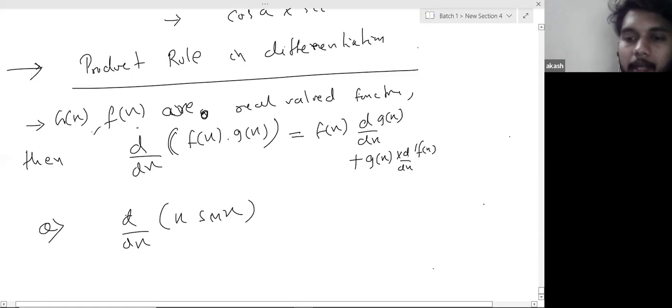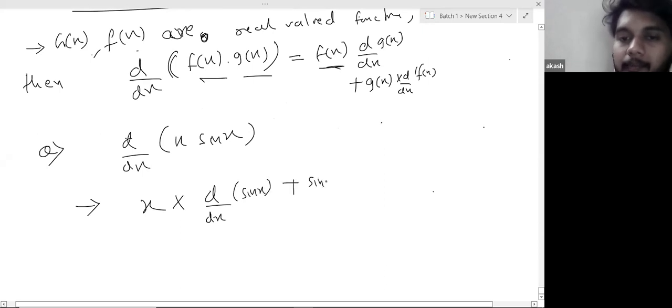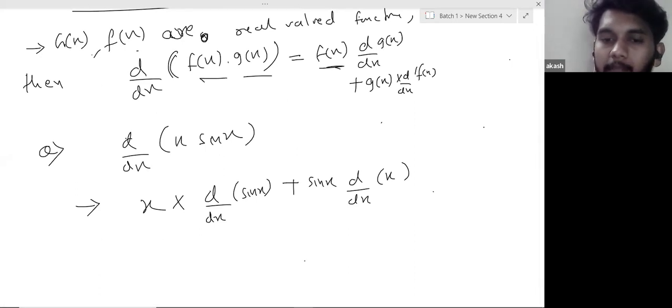So according to the formula, read the formula: if two functions have been multiplied, then take first function, so x, into differentiation of second function, so d by dx of sin x, plus take the second function sin x into differentiation of first function, that is x. Is this clear, Arslan, Abdul? How to apply this formula? Whenever you see two functions multiplied, you have to use this formula. Arslan, this is clear?